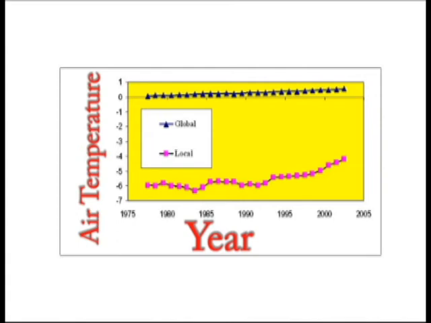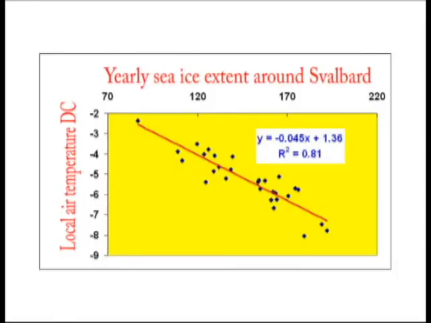It is obvious that Spitsbergen is a part of the global system. The higher the global air temperature, the more local degree day thaw. The analysis on a local scale proved that the less sea ice around Svalbard results in higher local air temperature.